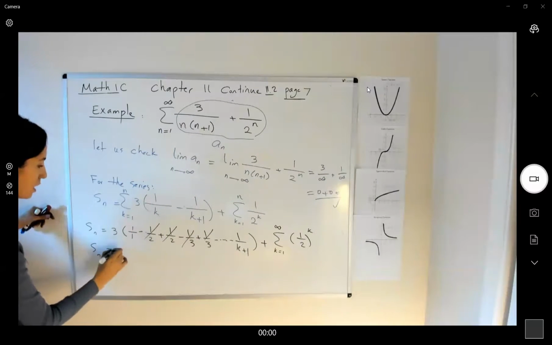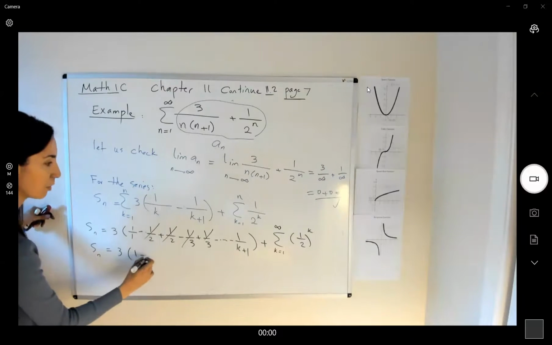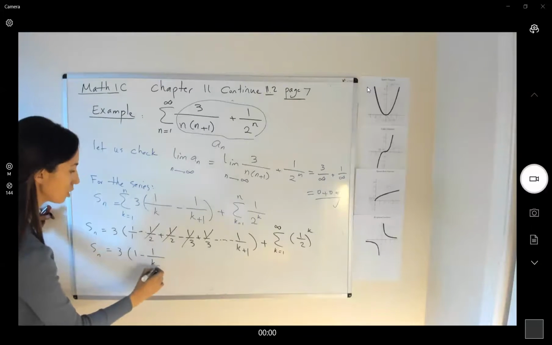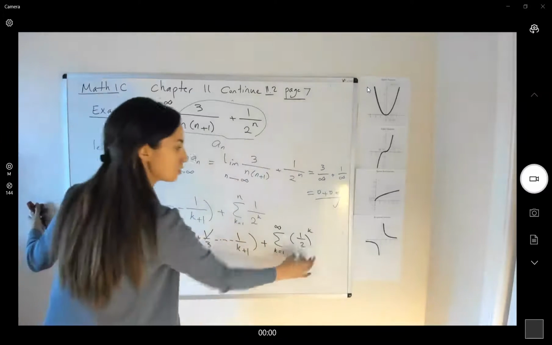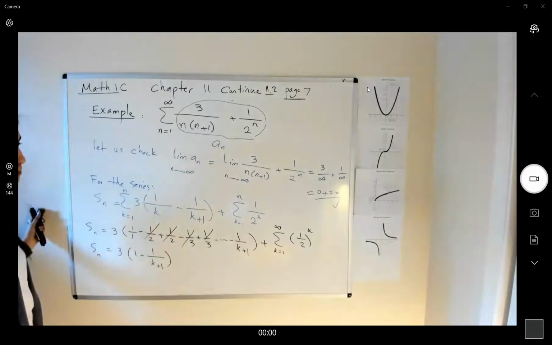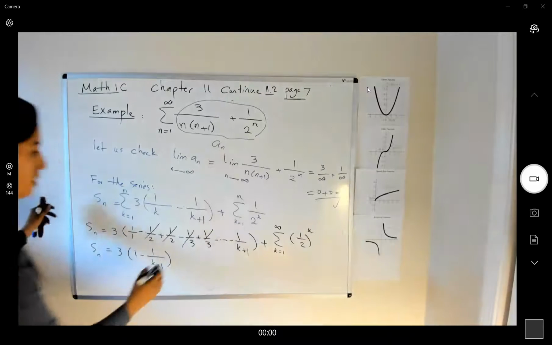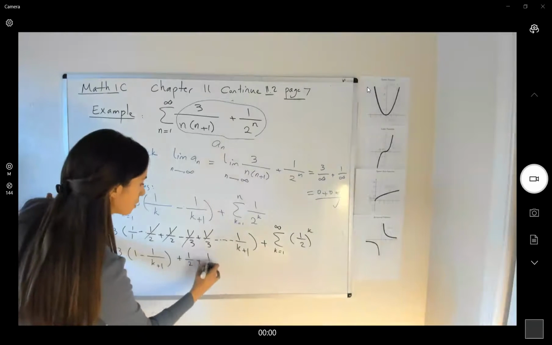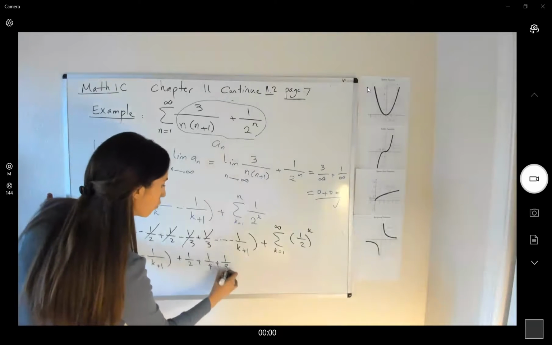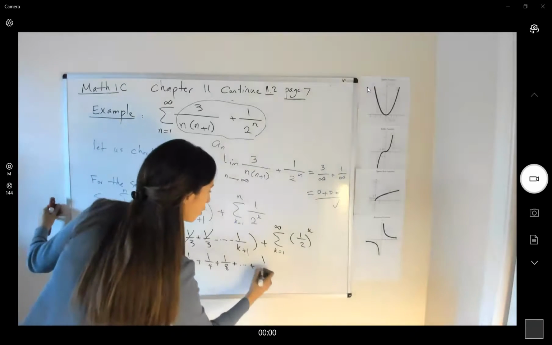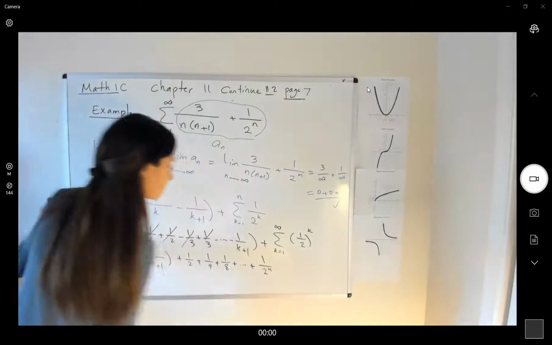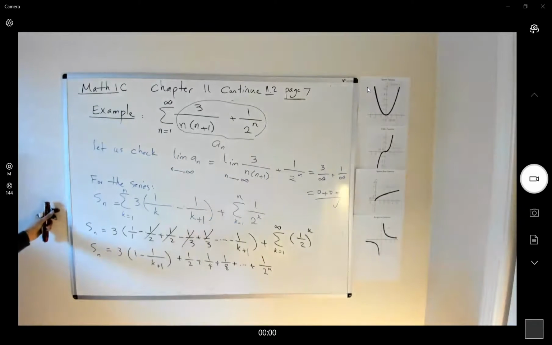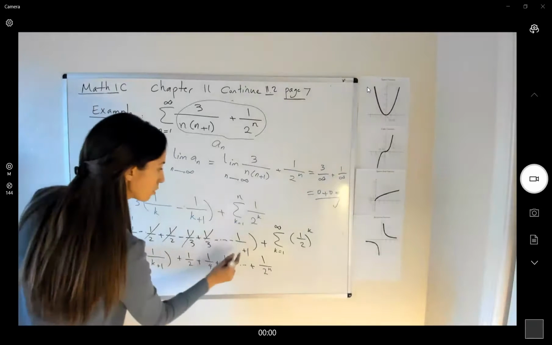So S of n is 3 times 1 minus 1 over n plus 1. And this is just a geometric series. Here I get plus a half, plus a fourth, plus 1 over 8, up to 1 over 2 to the n.